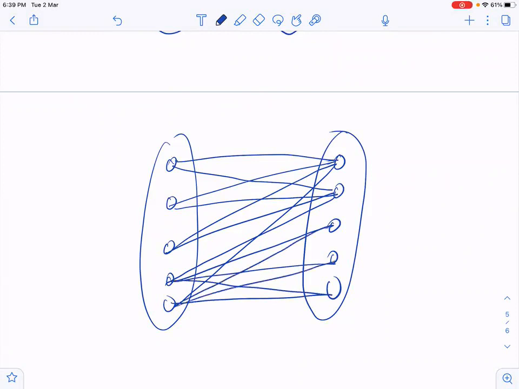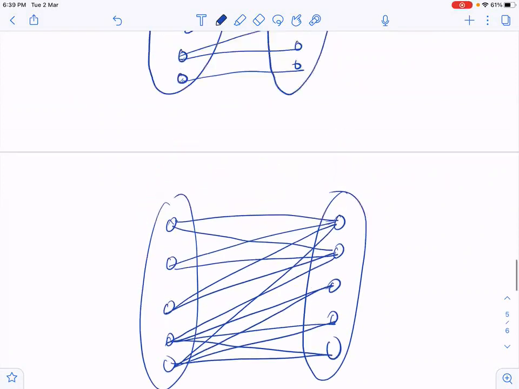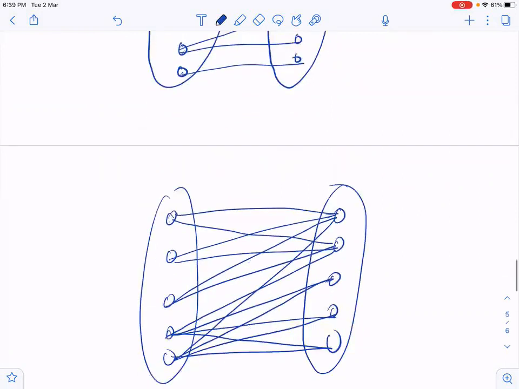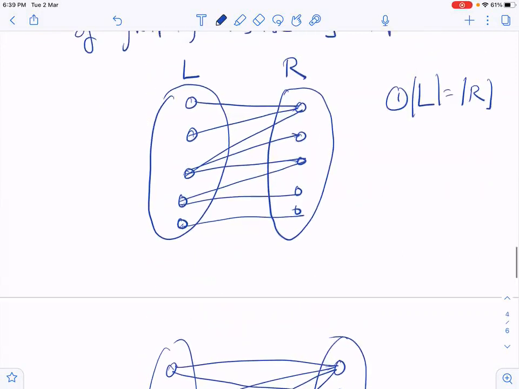Yeah, so something like this. Note that in this graph every vertex has even degree. But I claim that neither this graph nor this graph has a perfect matching.